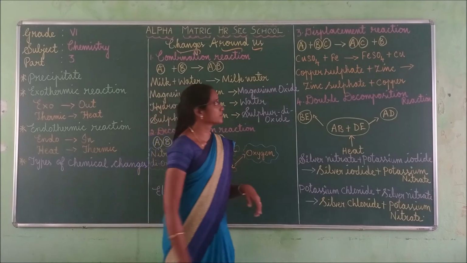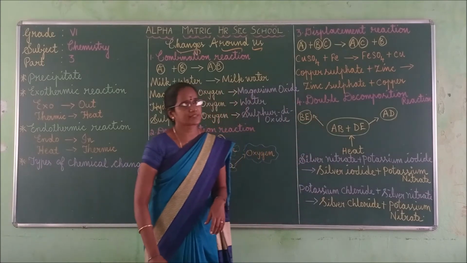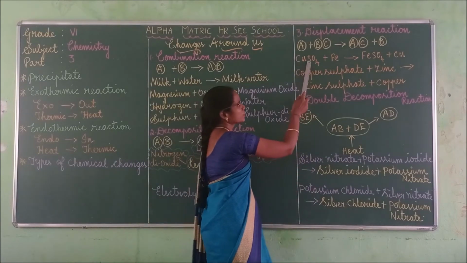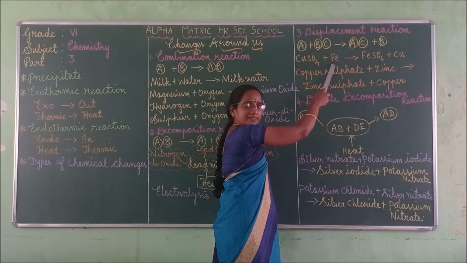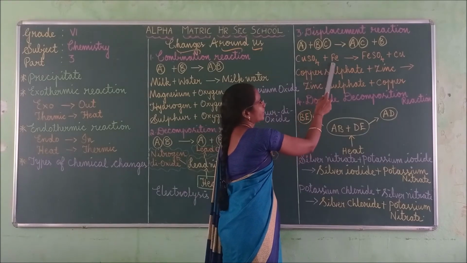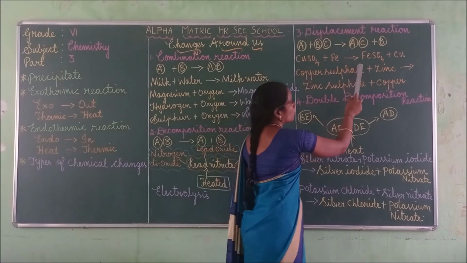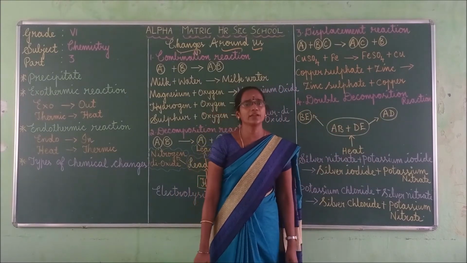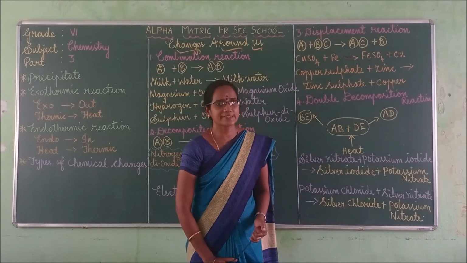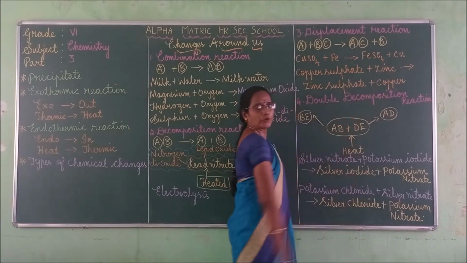Some examples also we can see now. CuSO4 is copper sulfate. Copper sulfate when it reacts with iron, Fe is iron, both react to form a compound FeSO4, that is iron sulfate, or otherwise we can say ferrous sulfate, plus Cu.